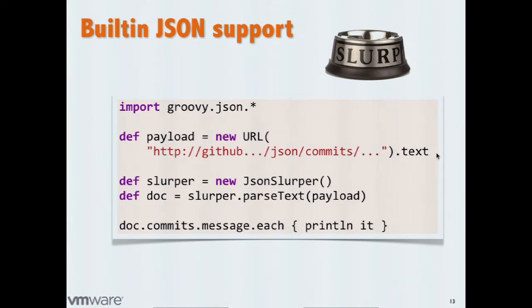And .text is a shortcut for calling the getText method, which has been added to URL by the Groovy development kit, as we call it, the GDK. With just new URL .text, you're doing an HTTP GET for this remote resource.